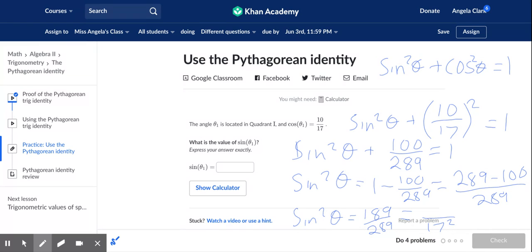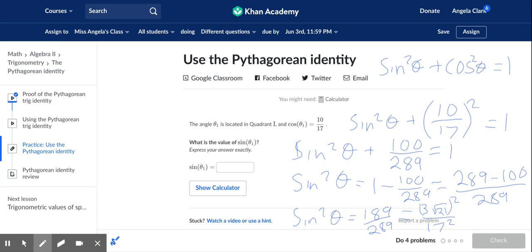But before I do that, I want to see if I can simplify it at all. I can. Okay, so 189 is 9 times 21. 9 is a perfect square, so I can pull it out of the square root. So that's 3 square root of 21, squared.